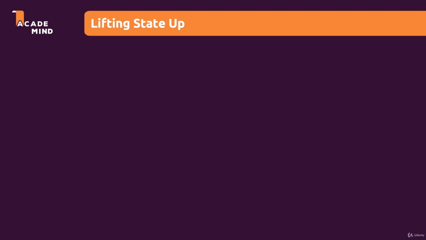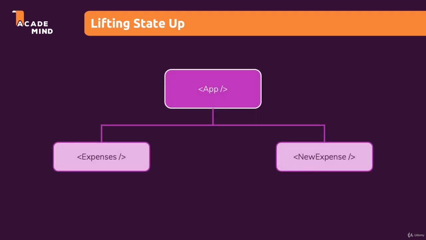Now, what is that about? Consider this basic component tree, which is roughly what we have in this demo application, where we have an app component, which in turn renders an expenses and a new expense component. Now, in this case, the new expense component is a component which generates some data, some state. In our example application, we are fetching some user input here.